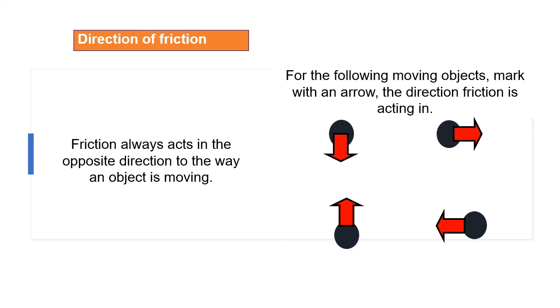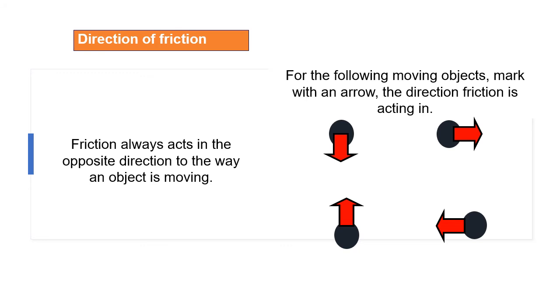The red arrows are the directions in which the object is moving. Friction should act in the opposite direction. So think in which direction friction should be acting in all these objects.